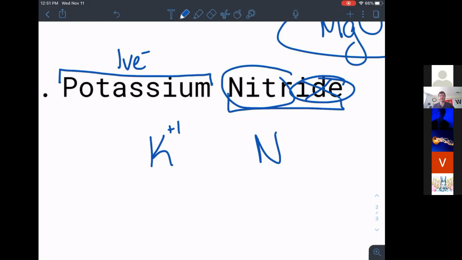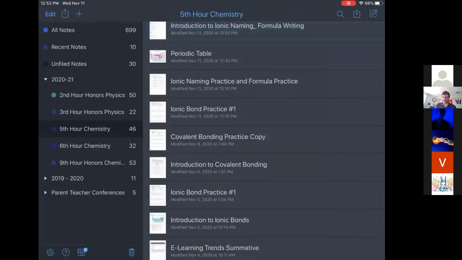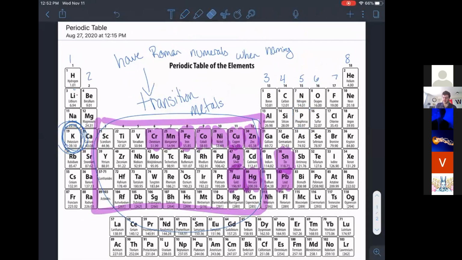All right. And then nitrogen. How many valence electrons does nitrogen have? Let's look at nitrogen on our periodic table, it's right here.